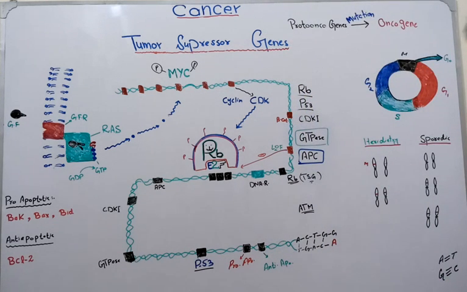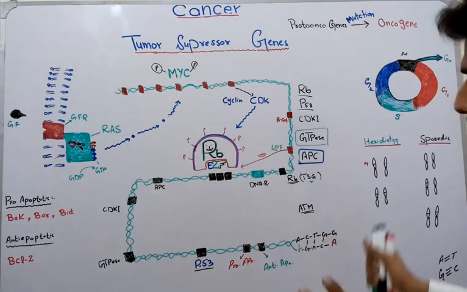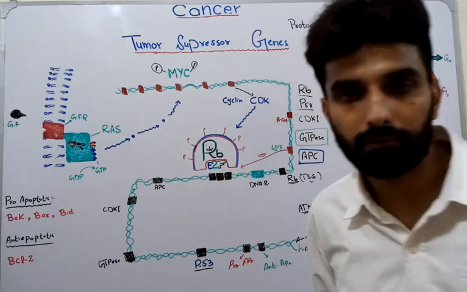Okay, it will activate NER and BER pathways. You know that these are basically DNA repairing pathways. So it will activate all those pathways that are required for the DNA repairing.